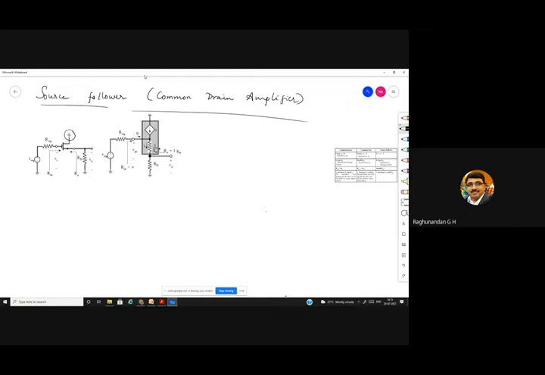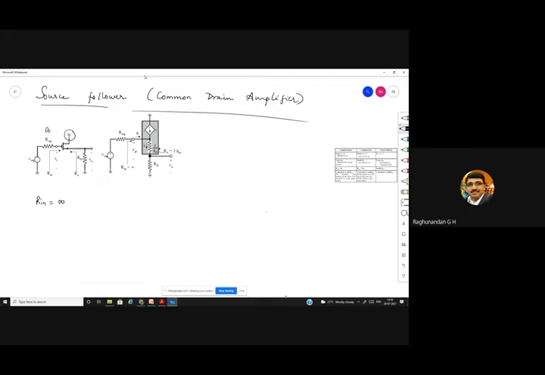So in common drain configuration of a MOSFET, the first thing we consider is Rin is equal to infinity. Rin is infinity because input is given through the gate terminal, and as you know, the gate terminal is going to offer infinite resistance.